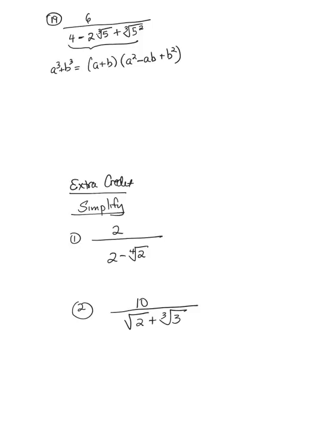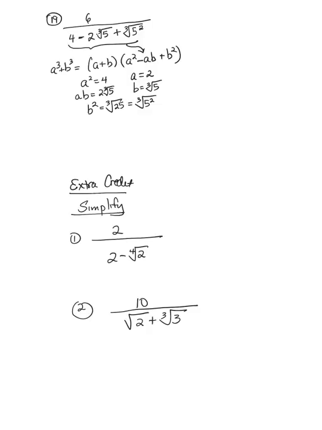So this trinomial matches this, which means that A squared must be 4, so A is probably 2. Well, AB is 2 times the cubed root of 5, so we know what B is. B is the cubed root of 5. And B squared is the cubed root of 25, which is the same as the cubed root of 5 squared.